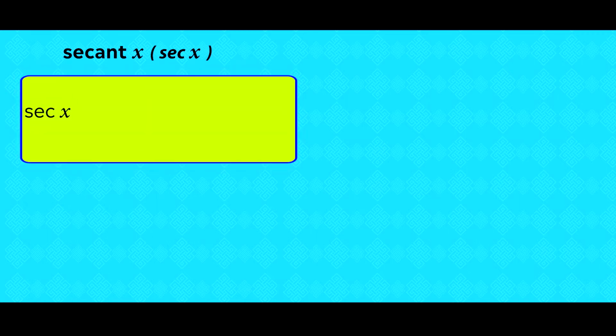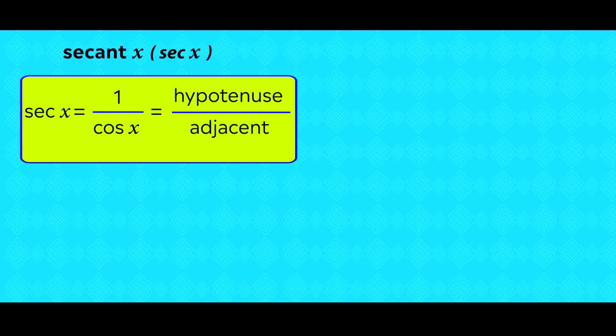So the fourth trigonometric ratio is secant of x, or sec x, and the formula to calculate secant of x is the reciprocal of the cos ratio. And in terms of side lengths of the triangle, secant of x is hypotenuse divided by adjacent.